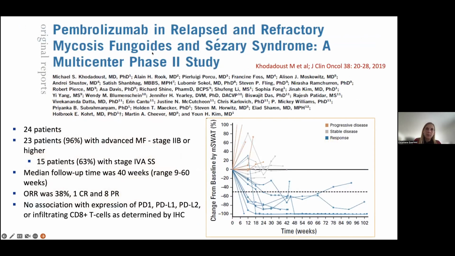This is data published by Stanford on pembrolizumab, an anti-PD-1 blockade, which similarly shows that a number of patients have long-lasting responses over 2 years.